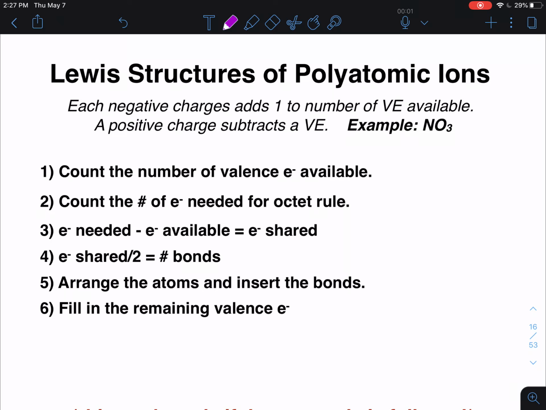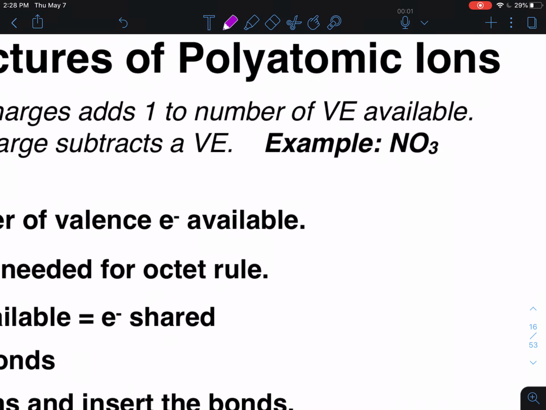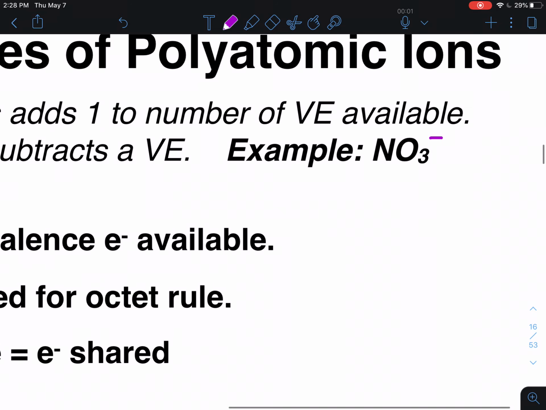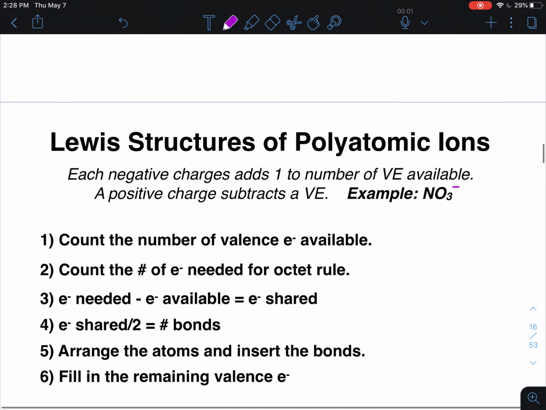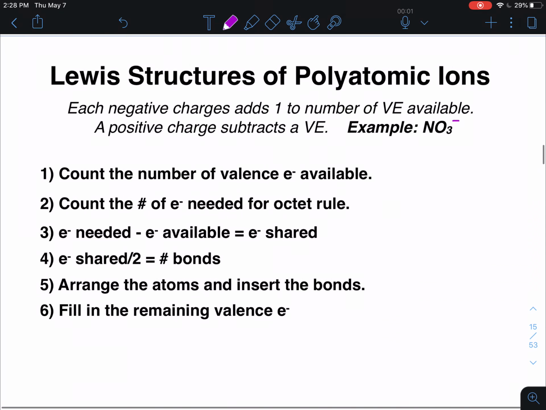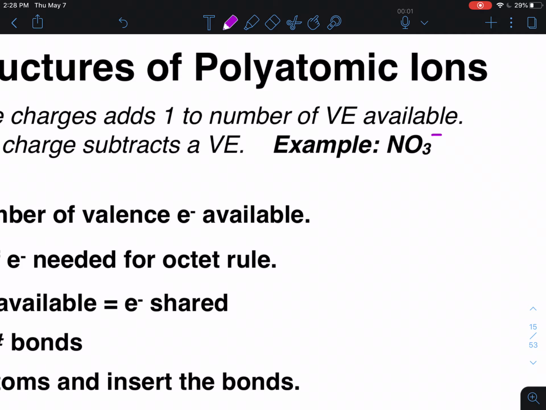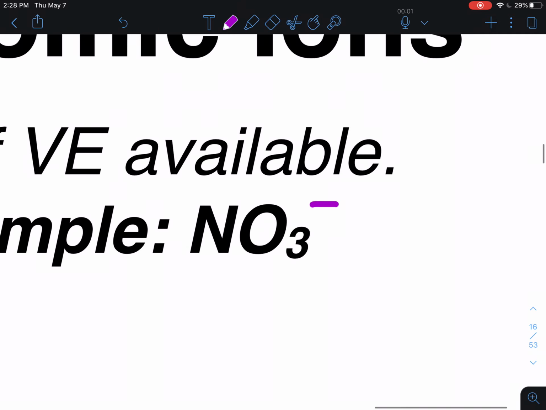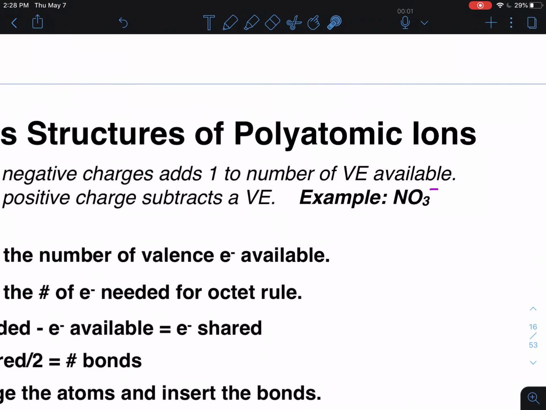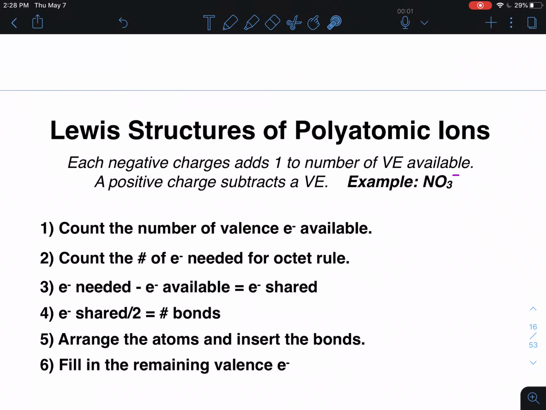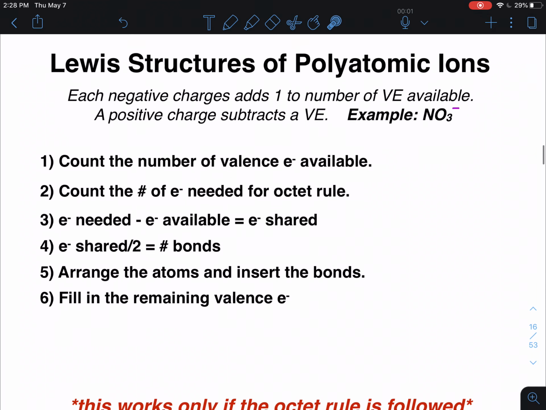Okay, so one last thing really fast. Lewis structures for polyatomic ions are a little bit different, all right? The only reason why is if I zoom in here, you will see that this is a polyatomic ion, and remember, nitrate has a negative charge associated with it. That negative charge actually means something when we're talking about Lewis structures.